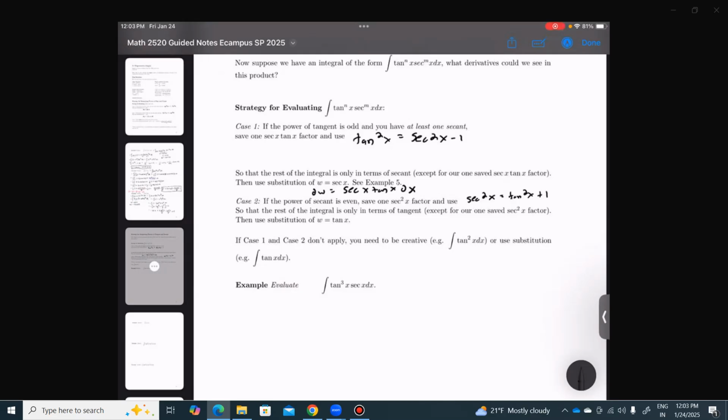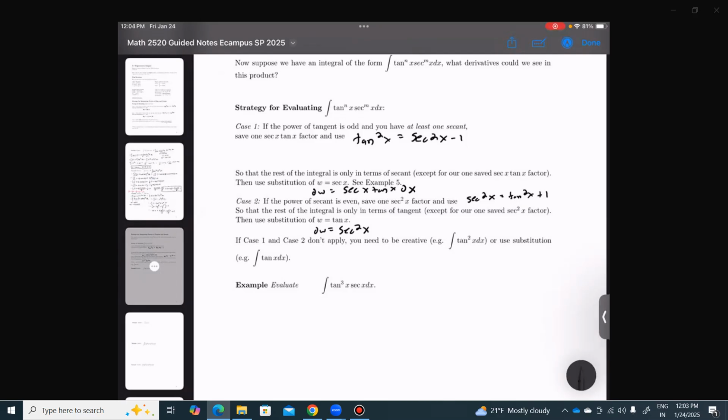And then we'll do it in such a way where the rest of the integral is only in terms of tangent, except for that secant squared factor. And then we use w equals tangent, where dw equals your secant squared x, which is why we gotta save it. And if case 1 and case 2 don't apply, you need to be creative.